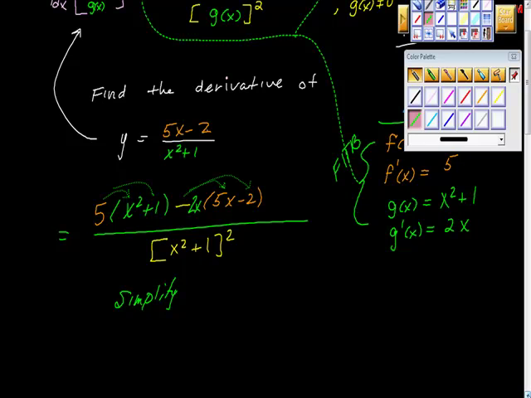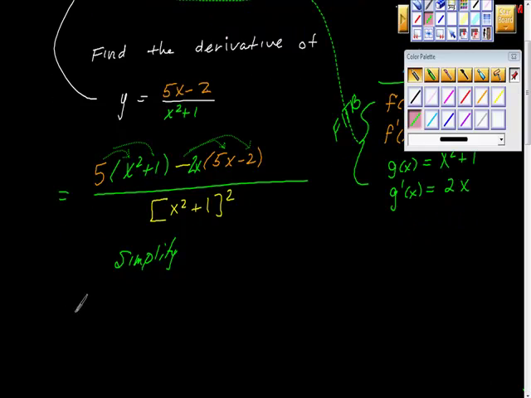So simplifying this out, we're going to get equals 5x squared plus 5 minus 10x squared, right, plus 4x. Isn't that right? Is that all right? I think that's good, isn't it?